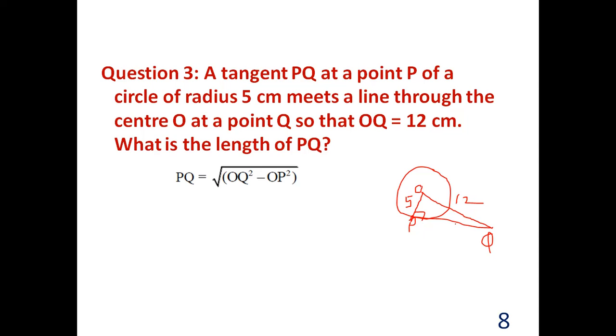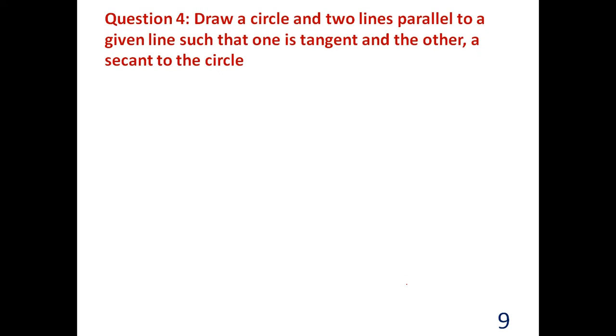So PQ is equal to square root of OQ, that is hypotenuse square, minus other side OP square. 12 square minus 5 square, 144 minus 25, and we got 119. This is square root 119. Did you understand this one? Yes, sir. So like this, Pythagoras theorem can be applied to find the lengths of tangents.